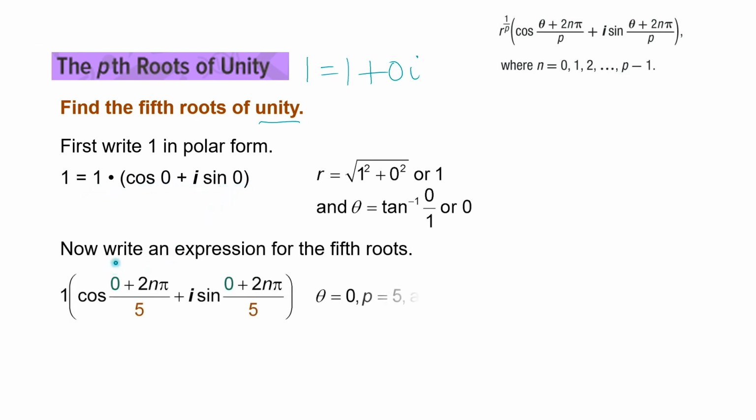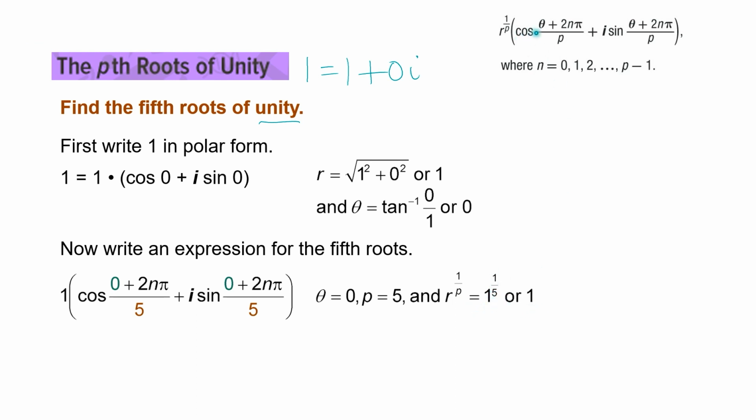Now we write an expression for the fifth root. This is given by r to the power 1 by p. Here r is 1 and p is 5 because we want to find the fifth root. So r to the power 1 by p will be 1 to the power 1 by 5, which is 1.